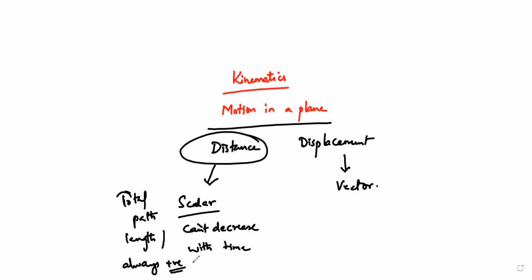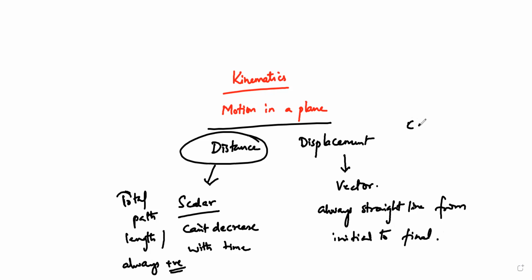Okay. And displacement is a vector, and it is always a straight line from initial to final point, and it can decrease with time.